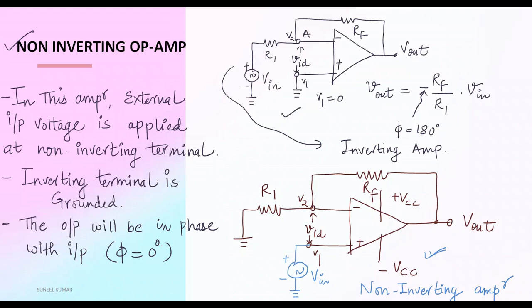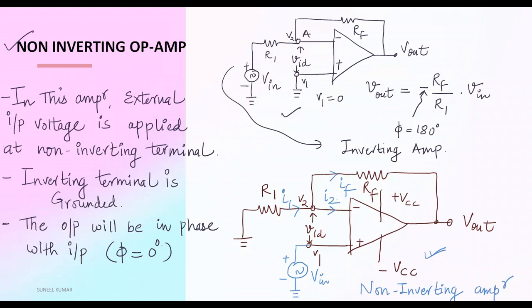So now we need to do the analysis of this circuit. Here the current flowing in this R1 resistance is I1. The current flowing in this RF resistance is IF. And the current entering this circuit is, let's say, I2. And we have infinite input resistance.